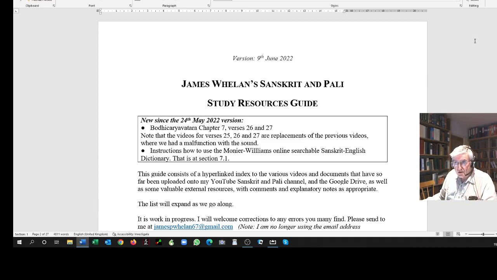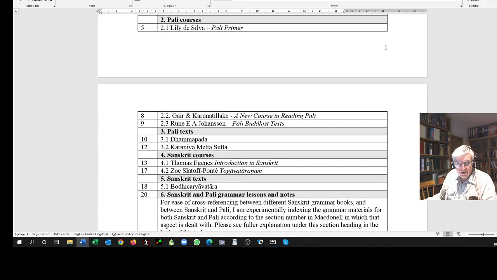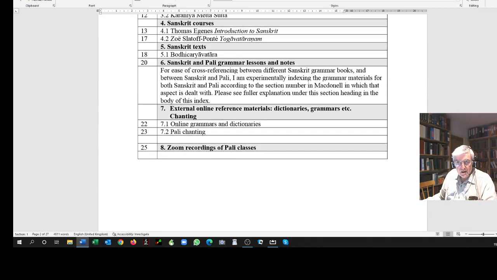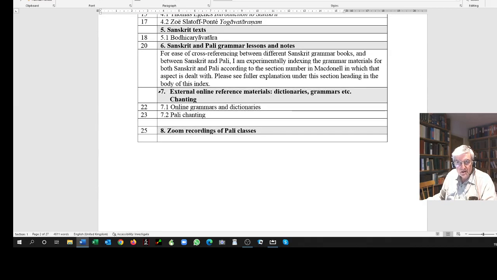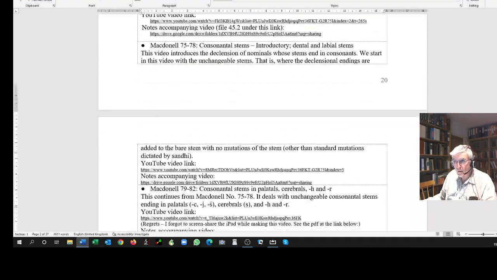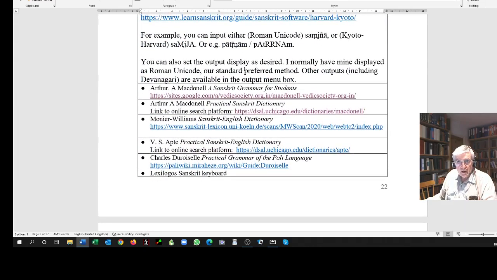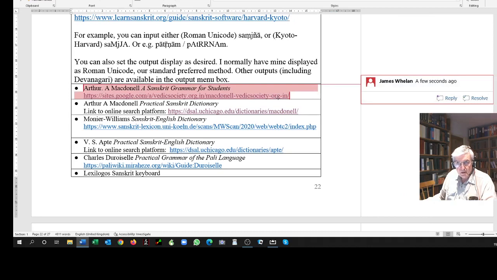So what I'm going to do, I'm going to go to, that's the index headings, and here we see section 7, external online reference materials. So we go to page 22. Page 22. Come on, page 22. Okay. And Arthur A. Macdonell, Sanskrit Grammar for Students. This is the one here that we're looking at. Oops, sorry.